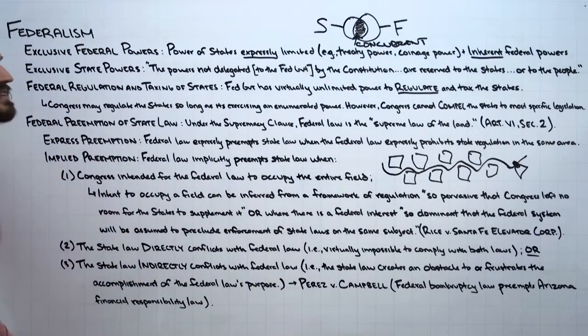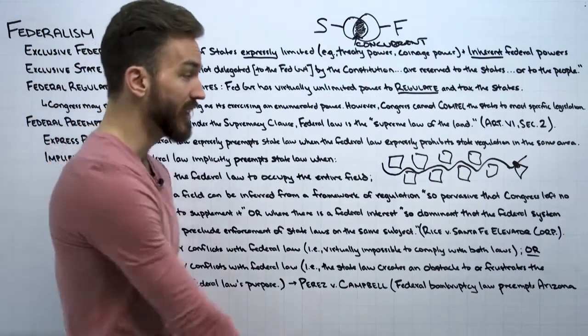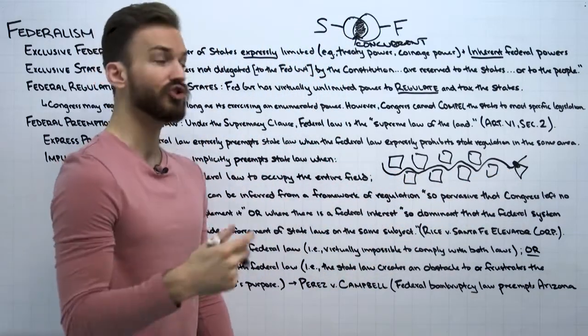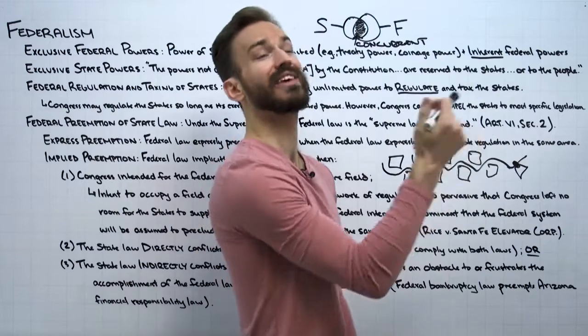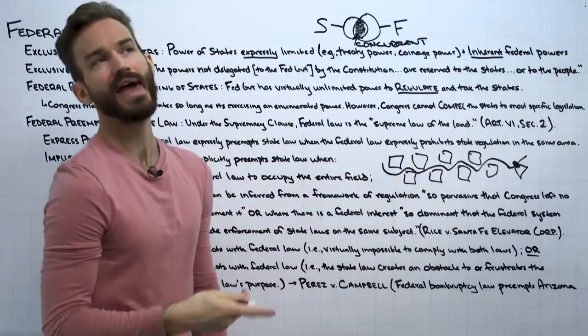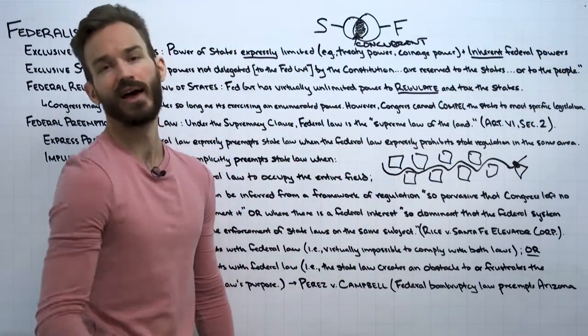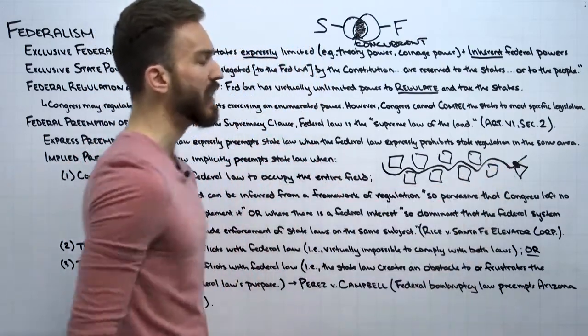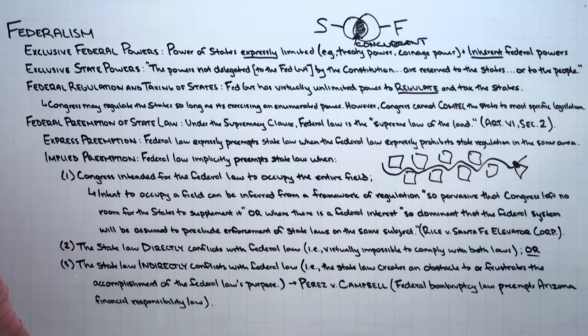So let's say that a state then passes a law in that same field and says, hey, look, if you are an alien and you're not in possession, you violate this federal law, you have to pay our state a fine of $100. So they're imposing a penalty for breaking this federal law.